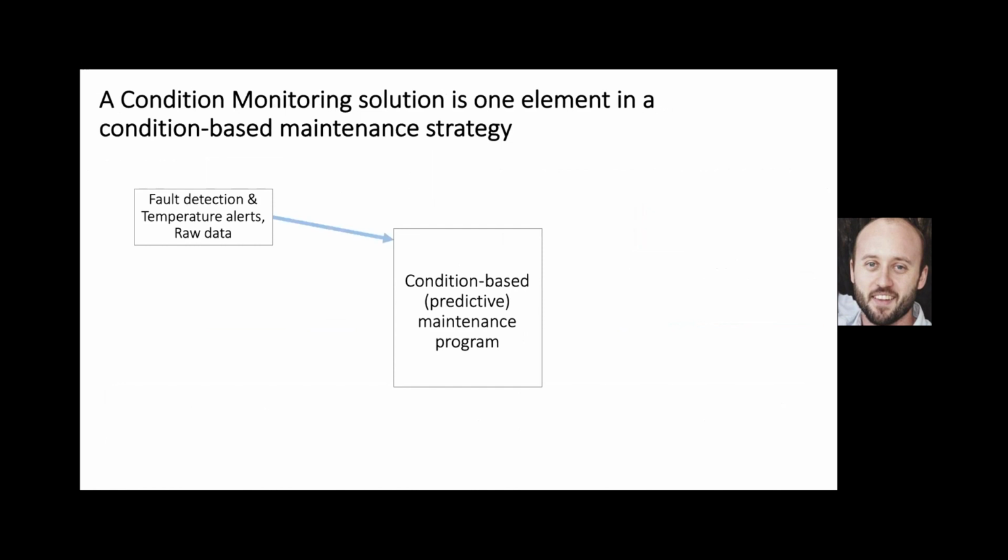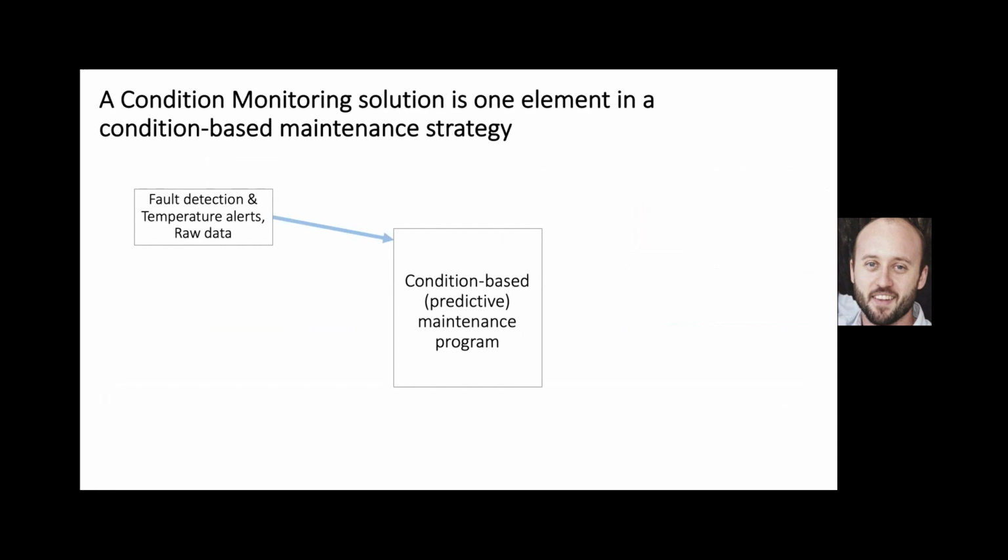It's also very important to keep in mind that a condition monitoring solution, while it is the most critical component in a condition-based maintenance or predictive maintenance program, it is not the only component. So a lot of times there's this misconception that by implementing condition monitoring, it's completely replacing the maintenance program, when in fact it is supplementing it.